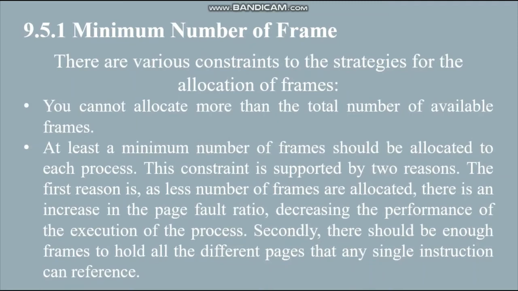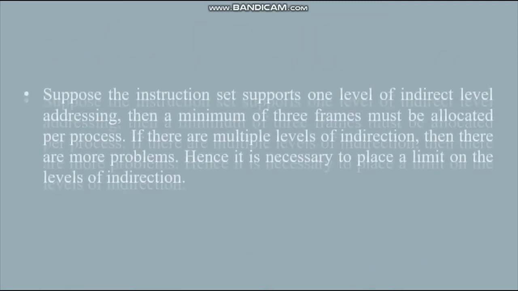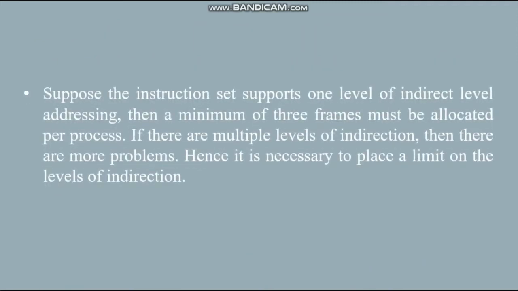Secondly, there should be enough frames to hold all the different pages that any single instruction can reference. Suppose the instruction set supports one level of indirect addressing, then a minimum of 3 frames must be allocated per process. If there are multiple levels of indirection, then there are more problems. Hence, it is necessary to place a limit on the levels of indirection.